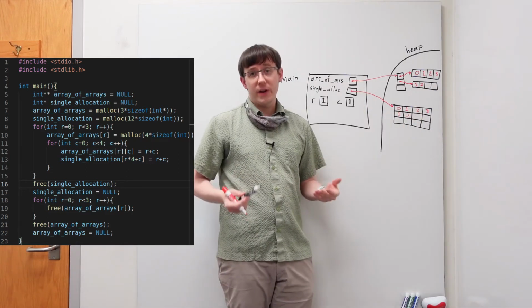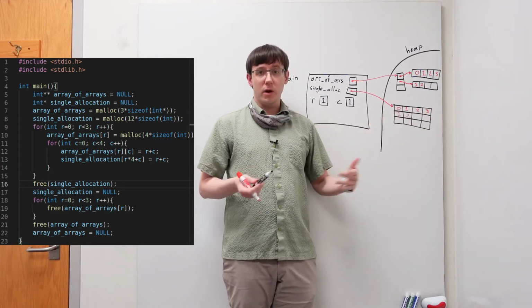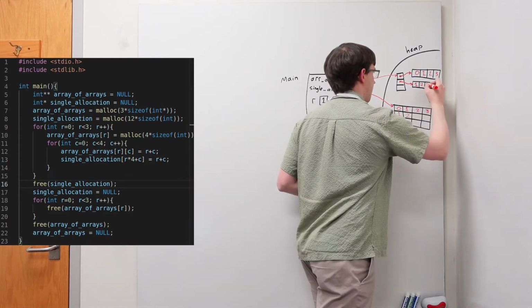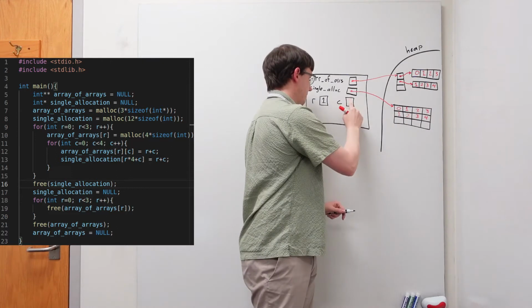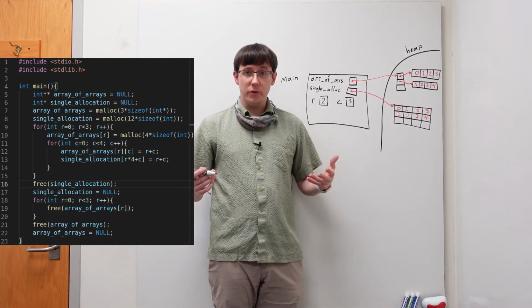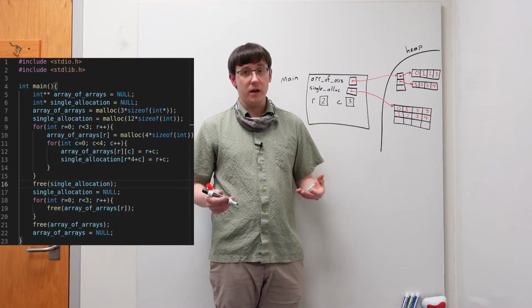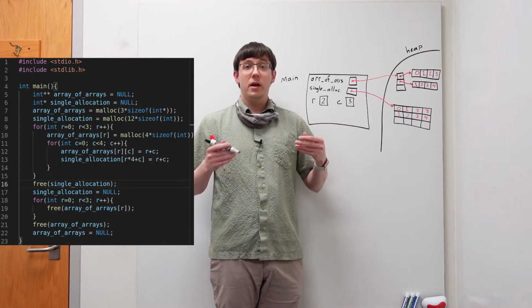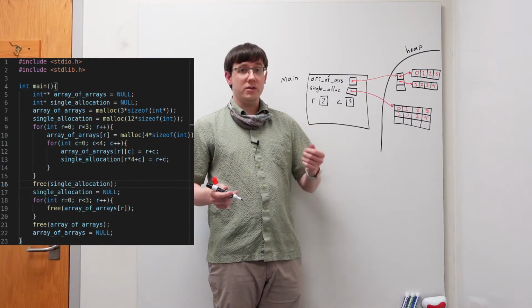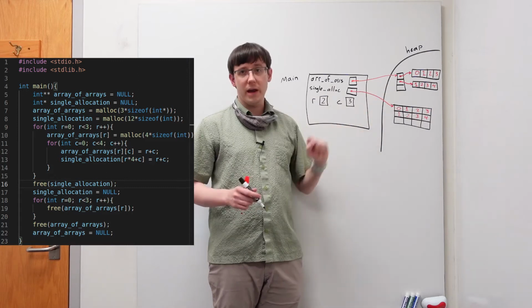The remaining iterations of the inner loop fill out the second row of each array. Then we return to the top of the outer loop, increment r to 2, and arrive again at line 10, where we will call malloc and assign the result into index 2 of the array of arrays.